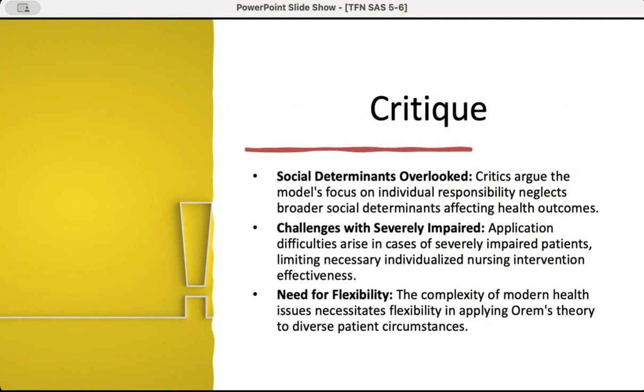And also the challenge for this: its application difficulty arises in cases of severely impaired patients, limiting nursing intervention effectiveness, especially for those patients who will not be able to participate in what you're doing due to certain disability. You also have the need for flexibility. The complexity of modern health issues necessitates flexibility in applying Orem's theory to diverse patient circumstances.